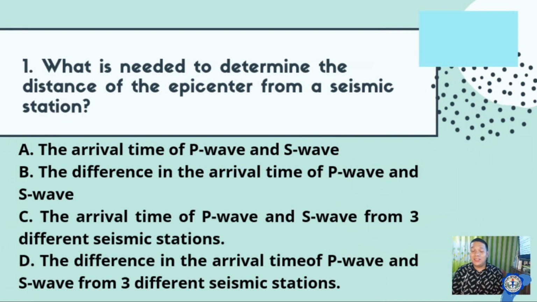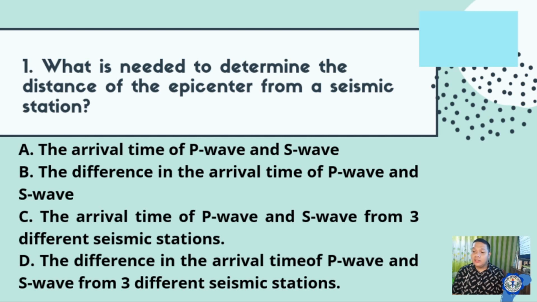What is needed to determine the distance of the epicenter from a seismic station? I repeat, from a seismic station. Letter A, the arrival time of P wave and S wave. Letter B, the difference in the arrival time of P wave and S wave. Letter C, the arrival time of P wave and S wave from three different seismic stations.